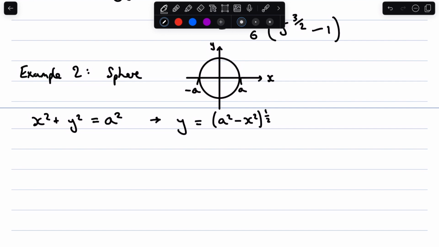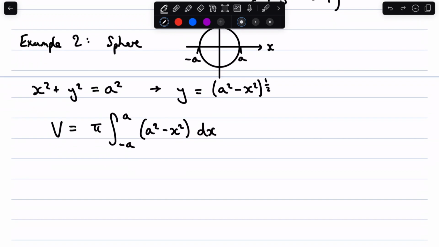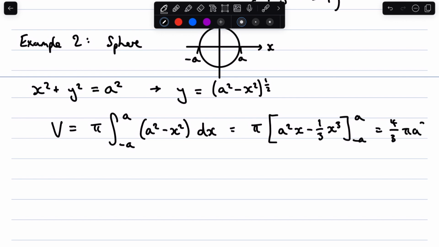So to work out the volume, we just sub it in again, that volume equals pi on the range of minus a to a times a squared minus x squared times dx, because we're using y squared, so it's just a squared minus x squared. And that's equal to pi times by a squared x minus a third x cubed from minus a to a, which gives us, as we should expect, 4/3 pi a cubed as the volume of a sphere.